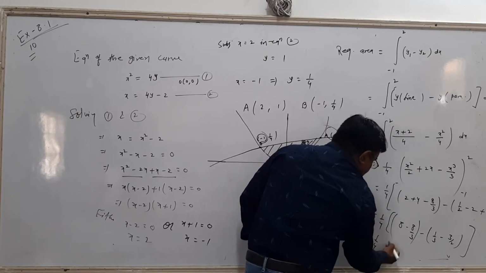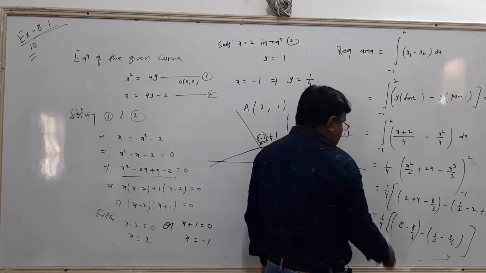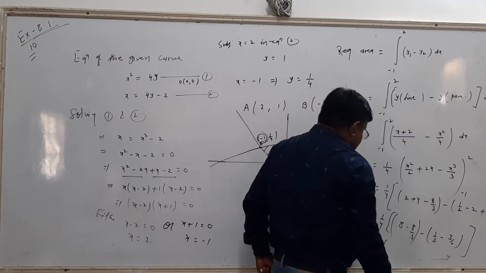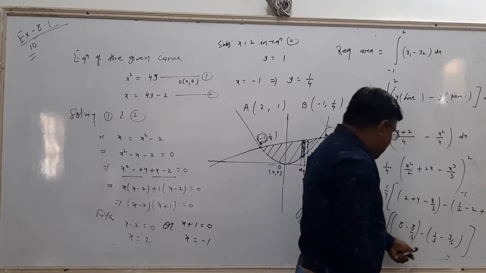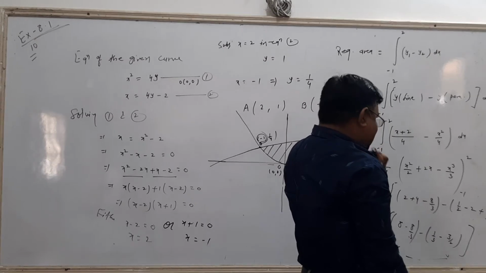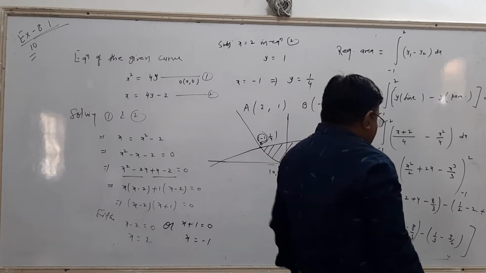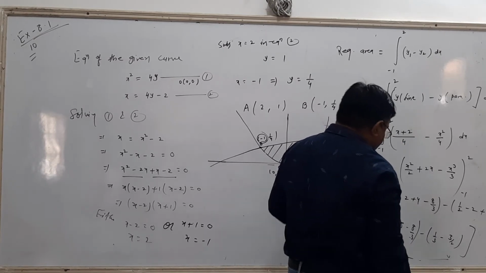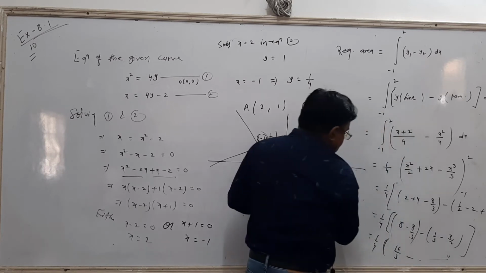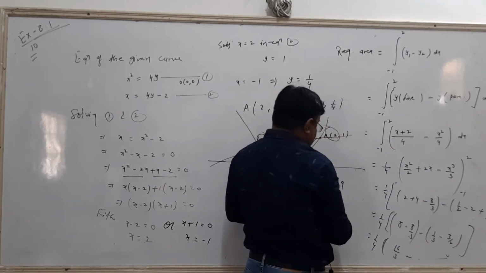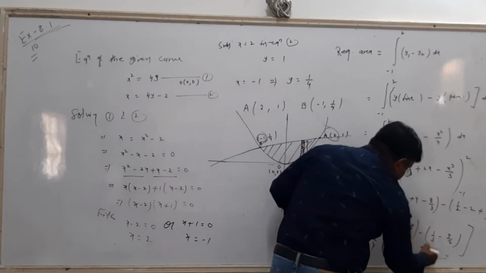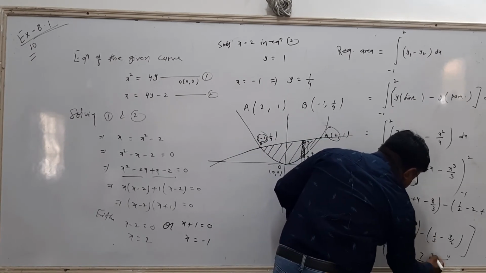Now 1 by 4 as it is, 3 is the LCM, 8 3s are 24, 24 minus 8, 16 by 3. Then 3 and 2, 6 is the LCM, so 2 minus 9 gives minus 7, minus minus plus 7 by 6.